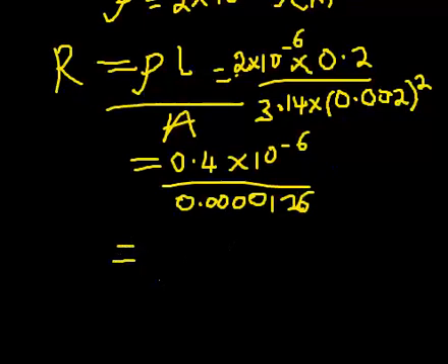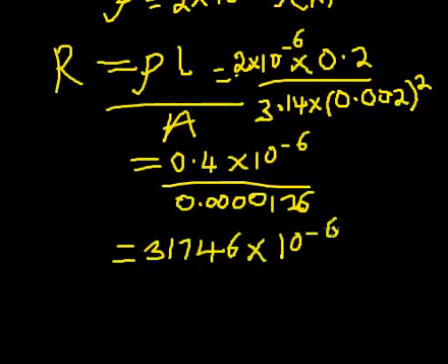What I have here is 31746, then times 10 raised to the power minus 6. So this minus 6 will be 1 2 3 4 5 6.